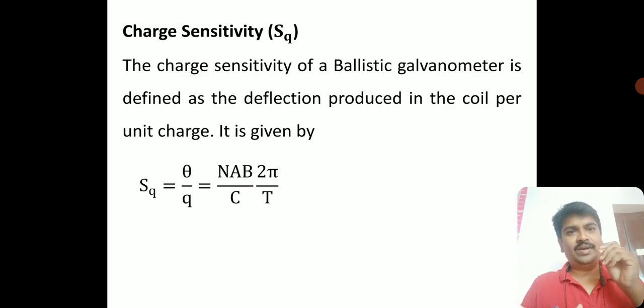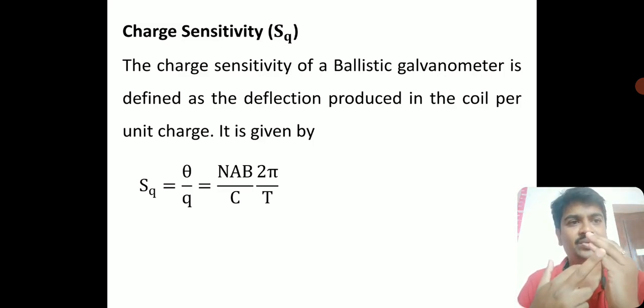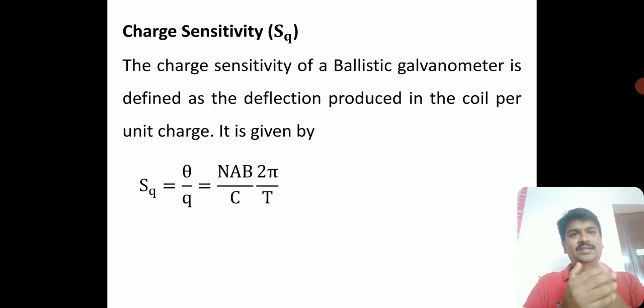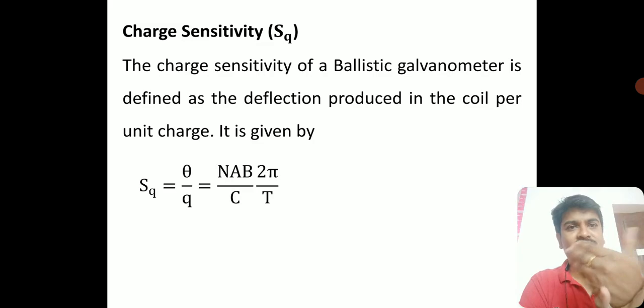When you give a unit charge to the coil, see how much deflection it produces, and that is called charge sensitivity. We represent it by the symbol SQ, which is equal to theta by Q.